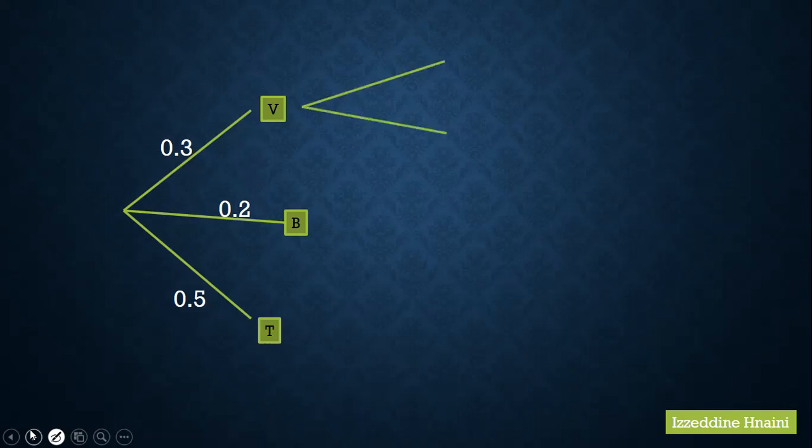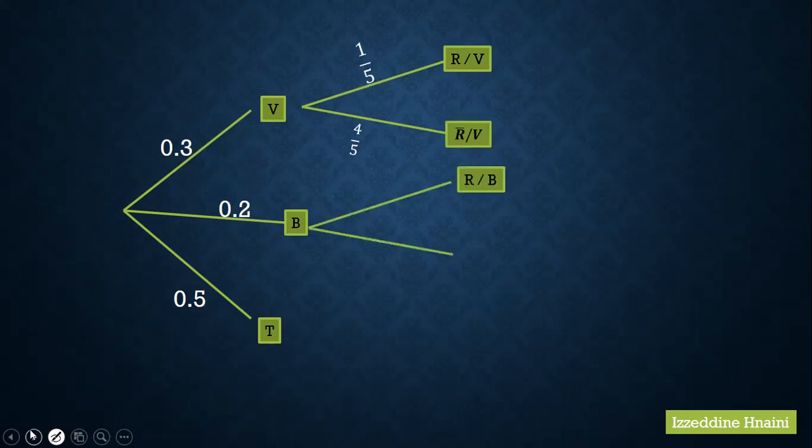Now, out of the members who join the volleyball, 1/5 of them attend the gathering day, so 4/5 do not attend the gathering day. Similarly, for the basketball, 25% attend the gathering day, so 75% do not attend the gathering day, and similarly for the tennis.